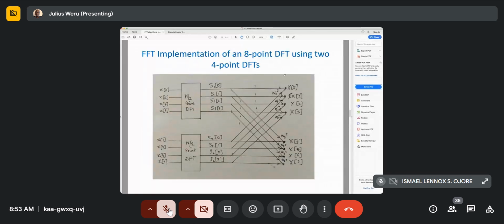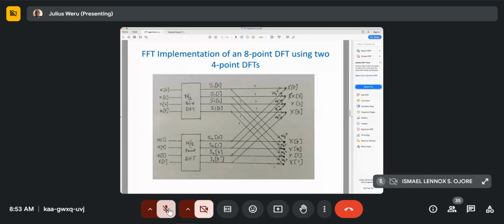So here, what we have done is separate the 8-point DFT into 4-point DFTs. We are getting the 8-point DFT by using two 4-point DFTs.